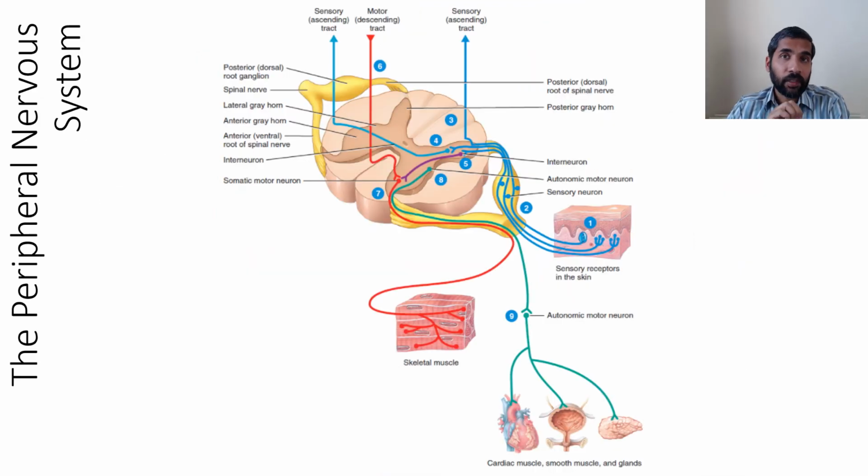Now, we've already talked about the fact that the periphery of the body is connected to the spinal cord using neurons, okay? And the voluntary motor control is done through the motor nervous system or the motor nerves, and the sensation is got through the sensory nerves, right?